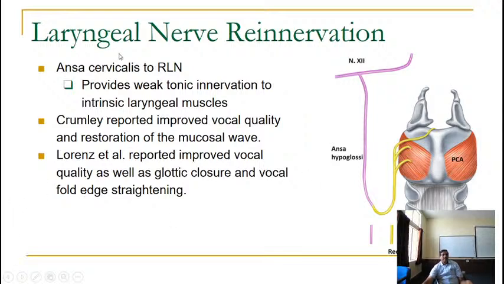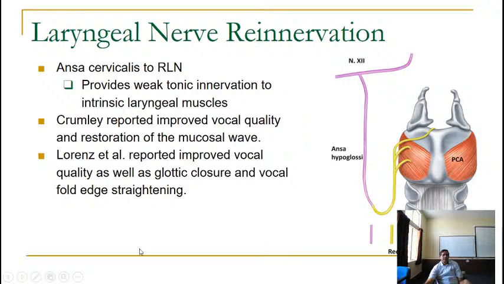Now, laryngeal nerve reinnervation is slowly gaining popularity, because the ansa cervicalis comes from the hypoglossal nerve, and then it gives rise to the ansa hypoglossi, which supplies the strap muscles. So this ansa hypoglossi is sutured onto the recurrent laryngeal nerve.